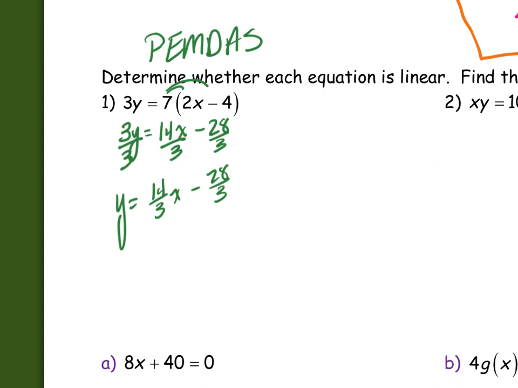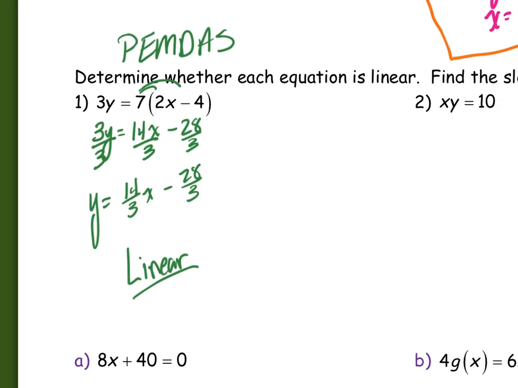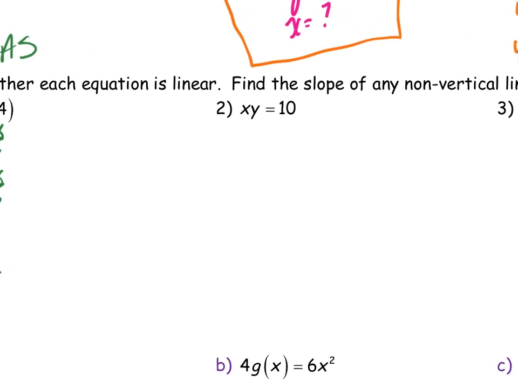Is it all by itself? Yeah, it's by itself. It's got the 14 thirds, which is my slope, but I'm not squaring it or taking a square root of it or doing some weird thing that we've never seen to it before. So this is definitely linear. Okay, awesome.